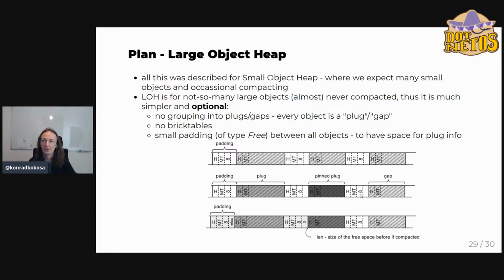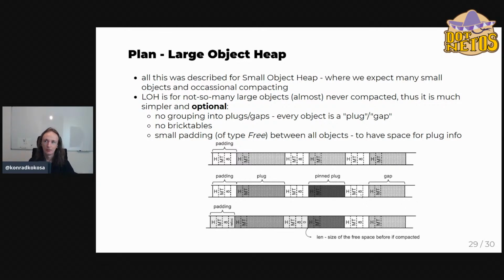The only nice finding from it is the understanding of why we have this padding between every object in large object heap. Because we wanted to have a generic algorithm that is storing plug info before a plug, so we have this space added artificially in case we need it.